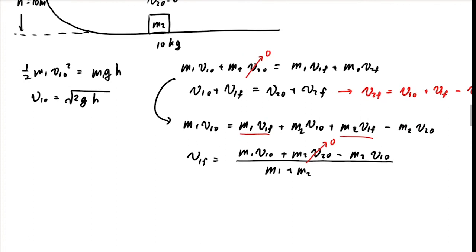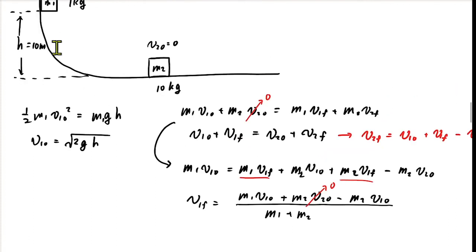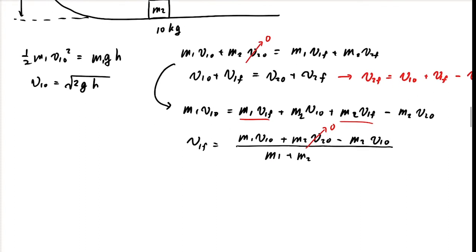Now, finally, we have to calculate how far it moves back up, right? So we use conservation of energy again. So what we have is 1/2 M1 V1 final squared is equal to M1 g H2. Let's call it H2, the height that it moves back up.